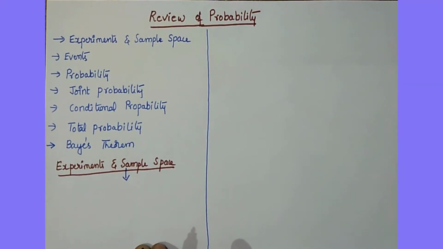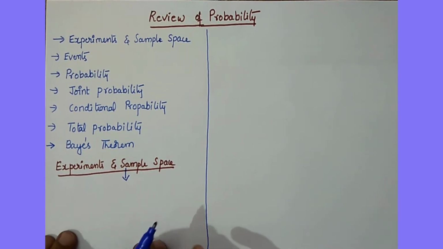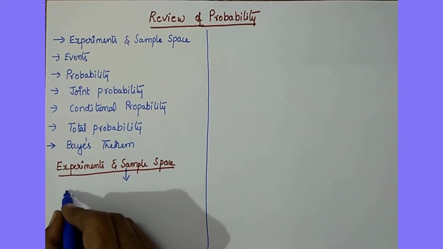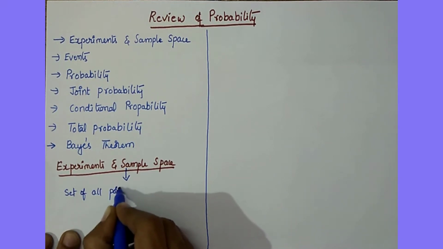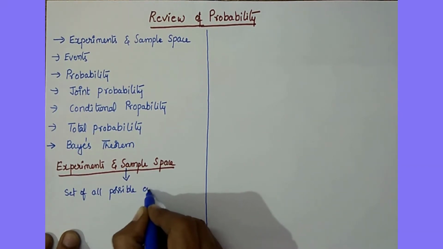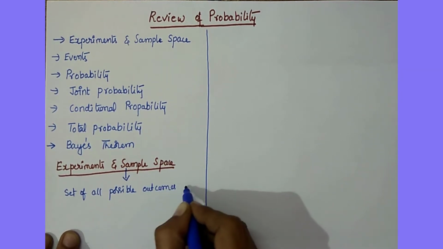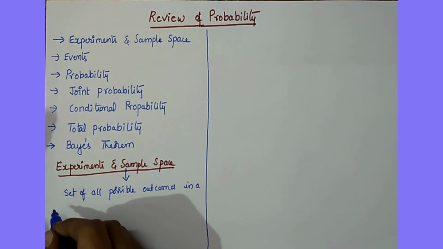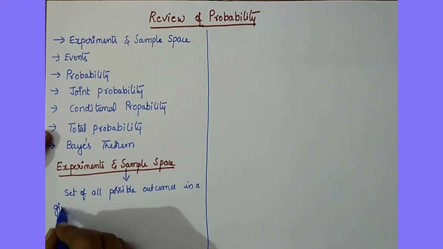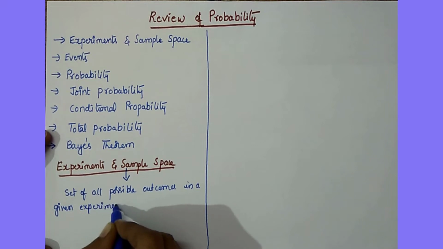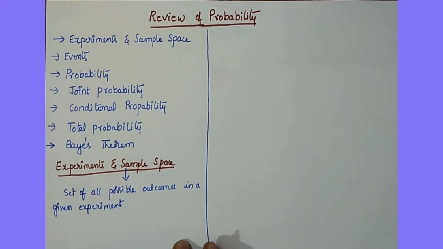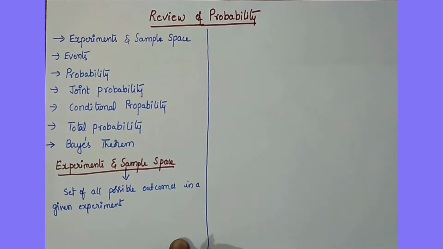The set of all possible outcomes in any given experiment is called the sample space. What is sample space? Set of all possible outcomes in a given experiment. Okay, so that is called sample space.